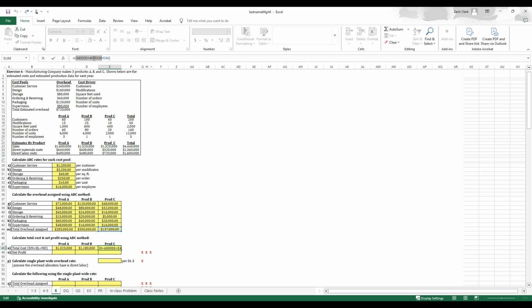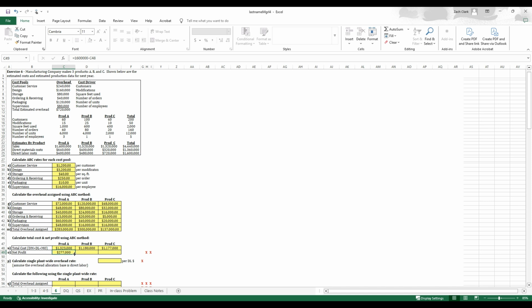And then finally, we've got 320,000 plus 720,000. That's the direct materials and labor for C there. And then again, the formula just drags over and updates. And then to get net profit, remember that net profit is sales. So 1,600,000. I think I got enough zeros there. Minus our costs.